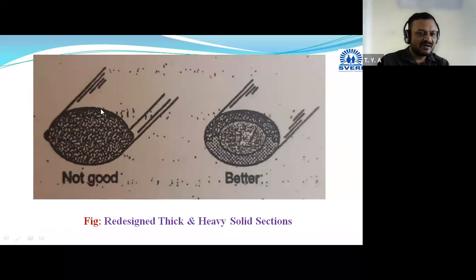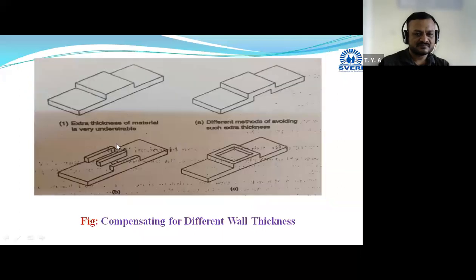Whenever very heavy sections, solid sections are there, then you have to modify it like this. Instead of using heavy sections, you can go for the hollow sections. Hollow sections means the internal material will be eliminated. These are some diagrams where we are providing uniform thicknesses.